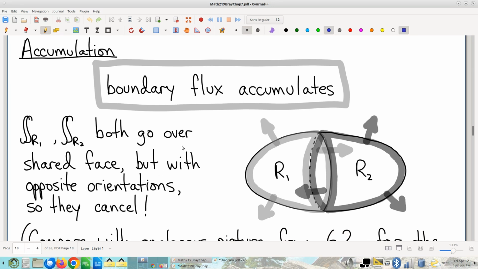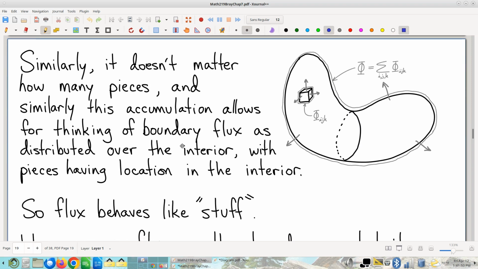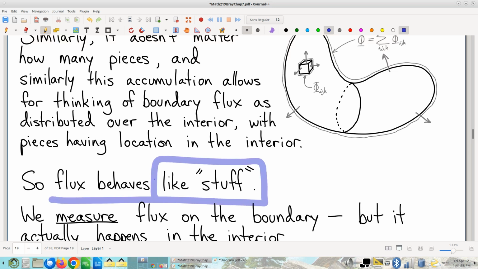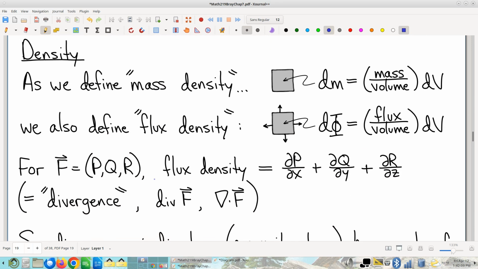We're going to be reminded pretty quickly that accumulating quantities have this feature that you can think of them as happening in the interior, even if they're computed on the boundary. And as such, they behave like stuff. Whatever stuff you want to visualize, I like mass. It's the most relatable kind of stuff.